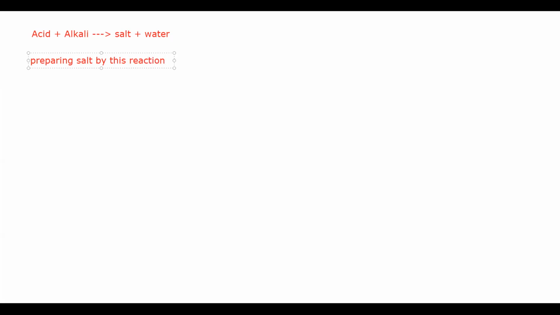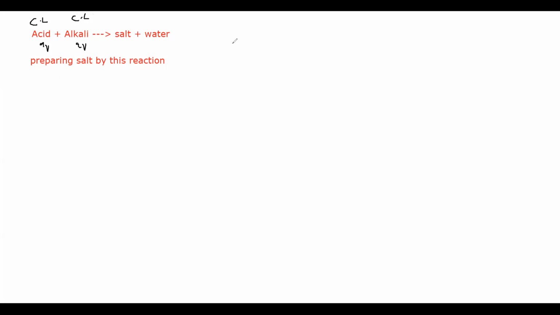if we want to prepare salt by this reaction, what is the difficulty? Acids are aqueous and they are also colorless, no color. Alkalis are also aqueous and they are also colorless.